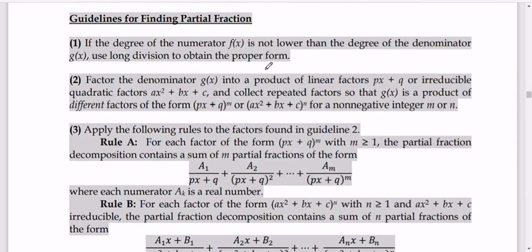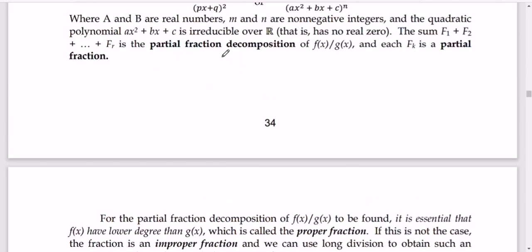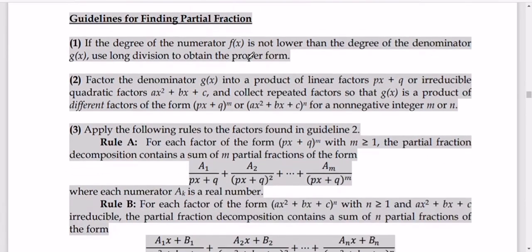If the degree of the numerator is not lower than the degree of the denominator, we use long division so that we meet the requirement for partial fraction decomposition, which is that the degree of the numerator must be lower than that of the denominator.